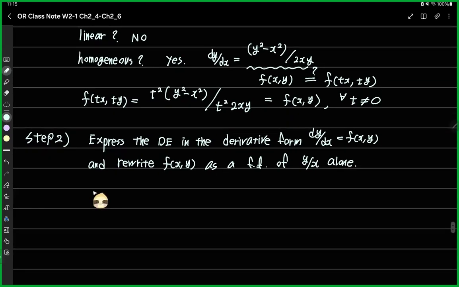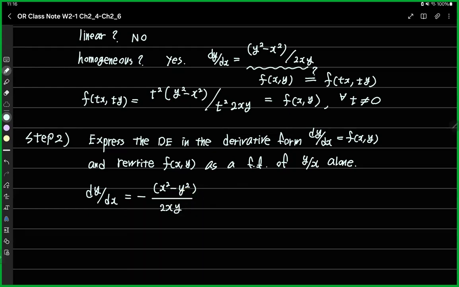So dy/dx is, let me just leave a negative sign, minus (x squared minus y squared) over 2xy. To rewrite this as a function of y over x, we need to divide top and bottom by x squared.